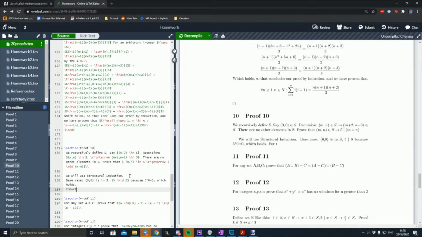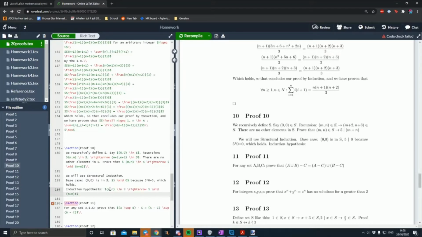Induction hypothesis: if this is in S, then 5 divides m plus n. If this is an f, then 5 divides that.